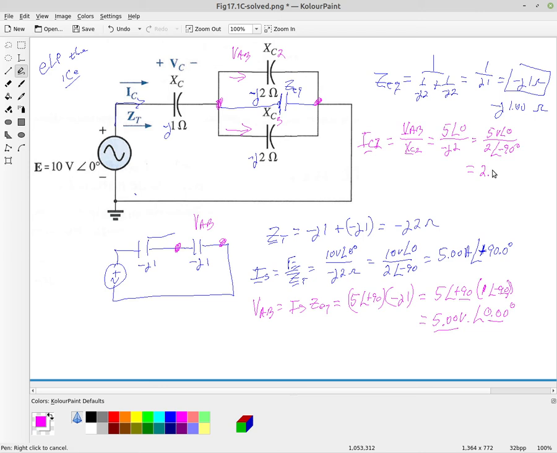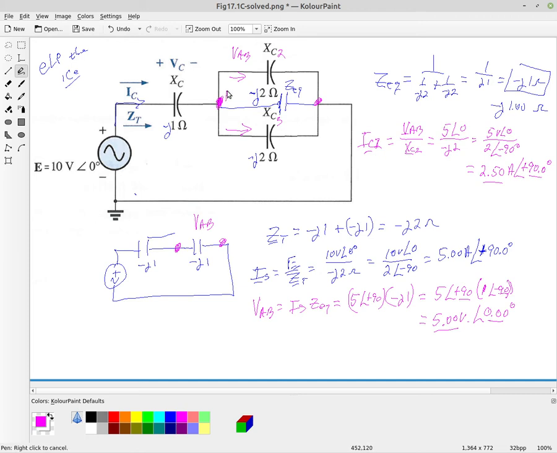And so that's going to give us 2.50 amperes at an angle of plus 90.0 degrees, for 3 digits. Okay. So that is that current.